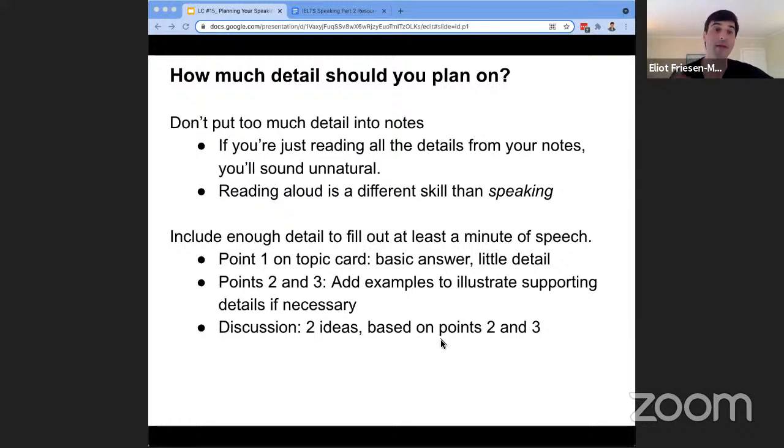I will say, though, that you still need to practice the structure and the format of responding to these questions that we are going to be talking about. So if you can respond in a clear way, in a way that satisfies the requirements of the task, and you can do it without notes, that is perfectly fine.